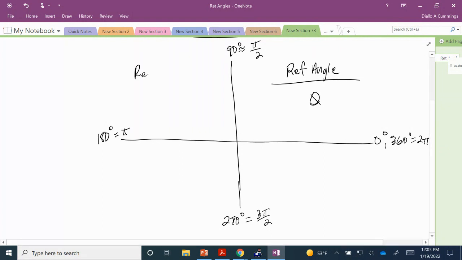If your angle is in the second quadrant, the formula for your reference angle would be 180 degrees minus the given angle. Or if you're dealing with radian measure, it's going to be pi minus the given angle measure.